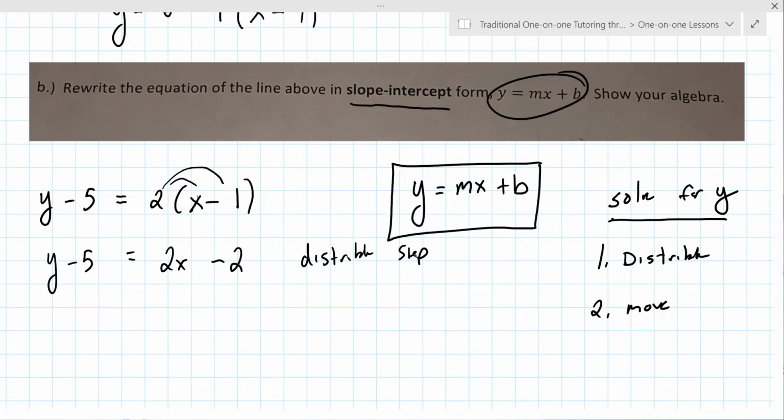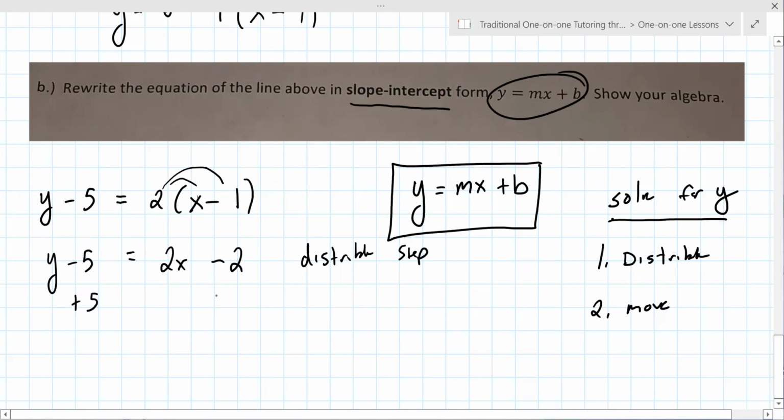Our move step is going to be this -5 on the left, because we want to get y by itself. So to do that, you add 5.